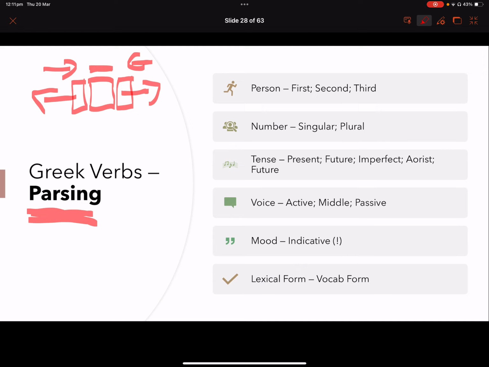So first of all, we look for the lexical form of a word. Then we try and work out what set of endings is on it, and then we can answer the question: the person, number, tense, voice, and mood.